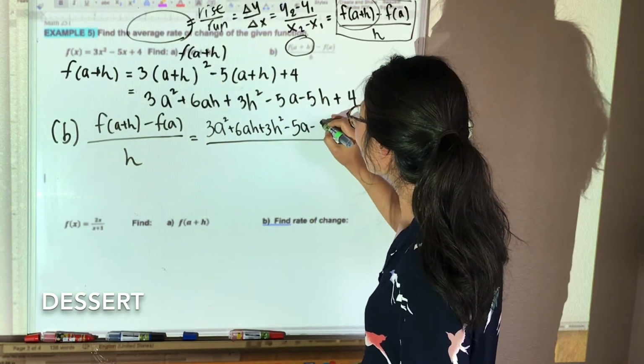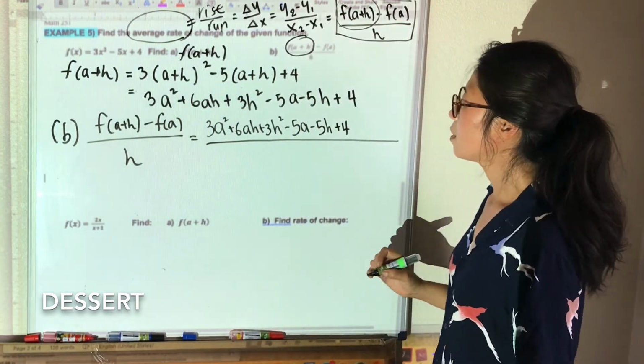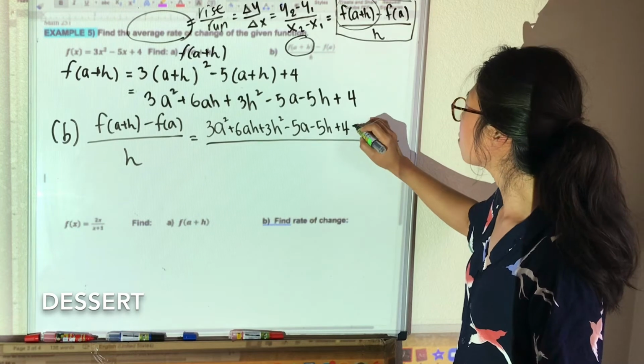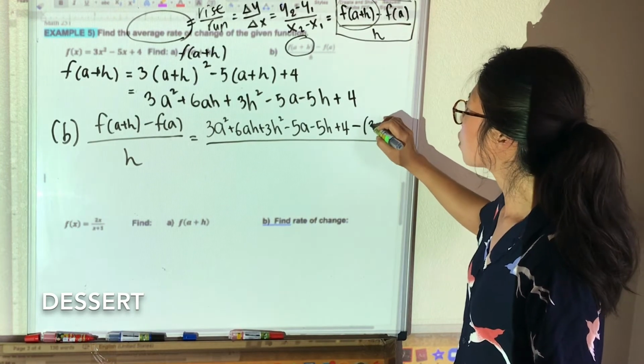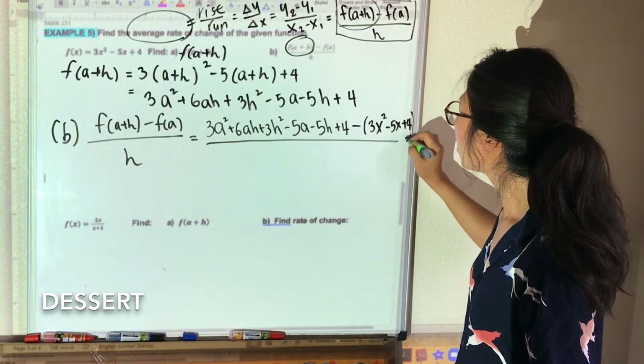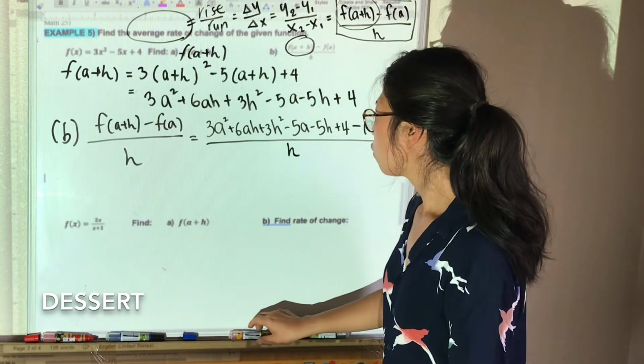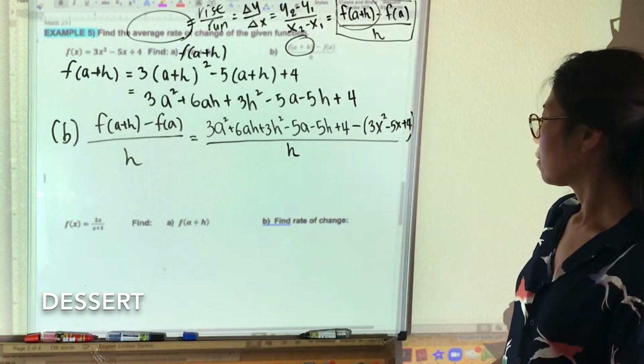I want to try 3-4 times. Then it will be better. Minus, I'm going to subtract 3x squared minus 5x plus 4 over h. And careful when you do this one.